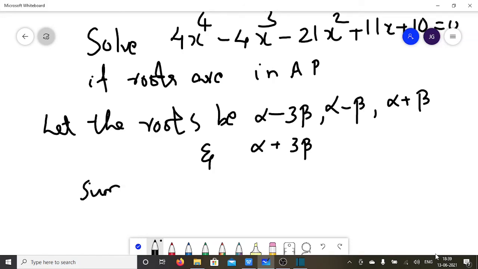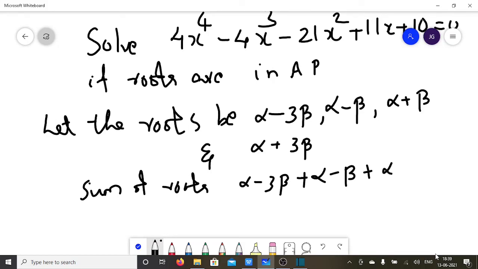Sum of roots is equal to alpha minus 3 beta plus alpha minus beta plus alpha plus beta plus alpha plus 3 beta is equal to 4 by 4, which is 1.